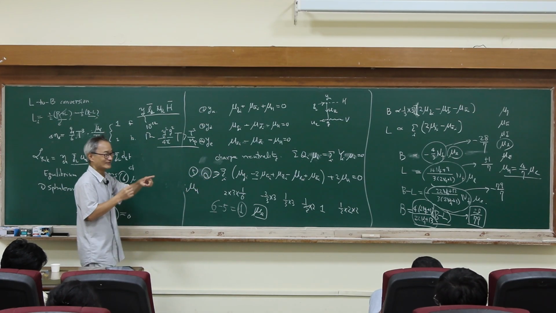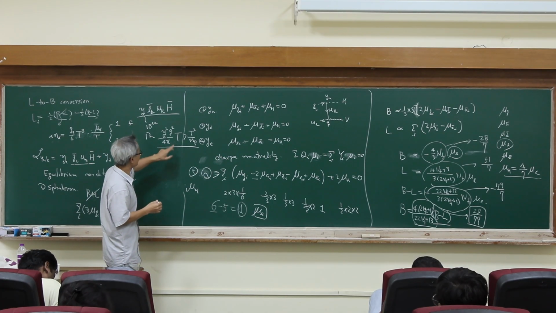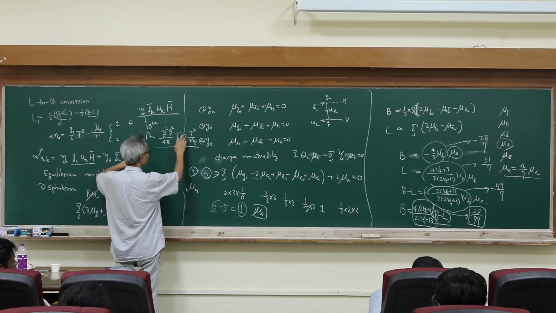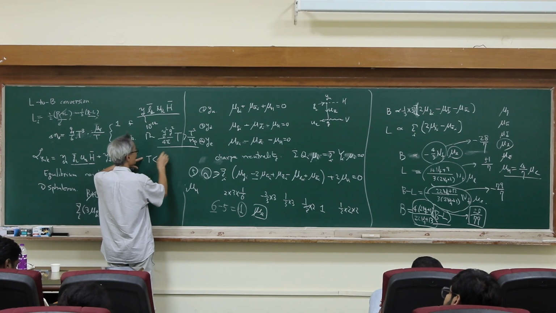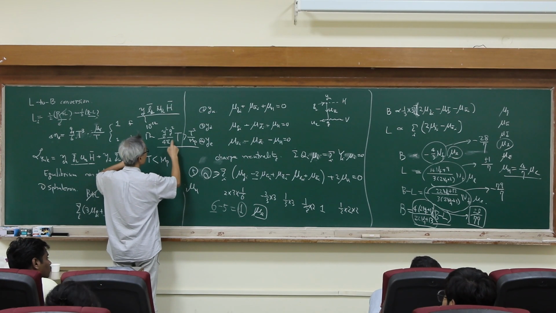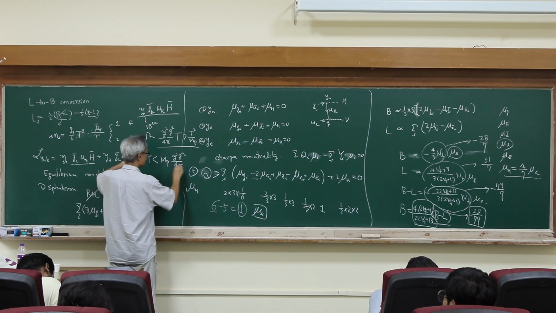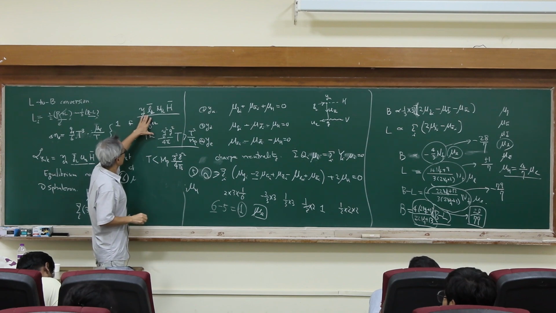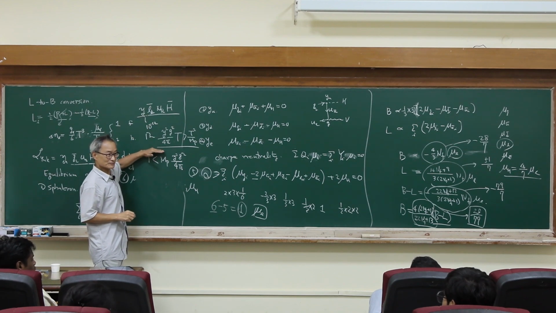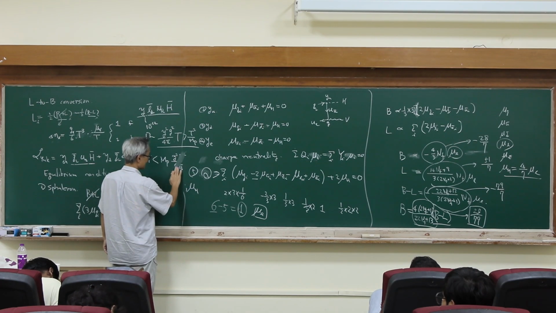So now we have to determine whether this is true or not. Okay, let's try to calculate this. This means that below this temperature, the Yukawa interaction will be in thermal equilibrium. So this is some gauge coupling.